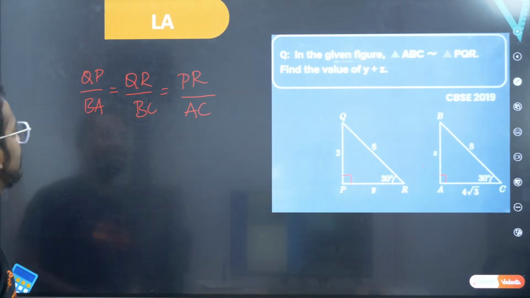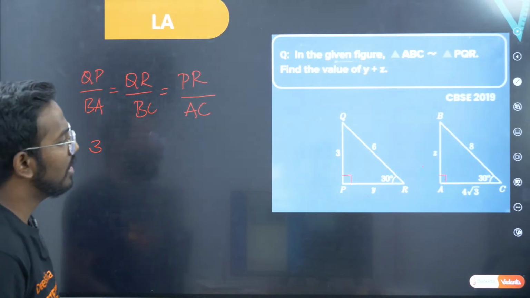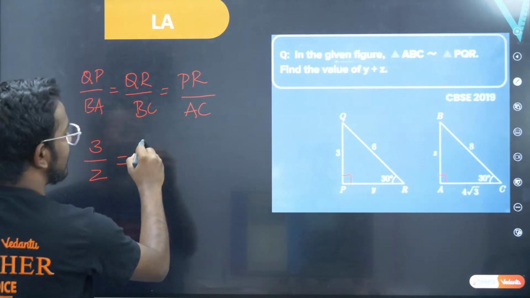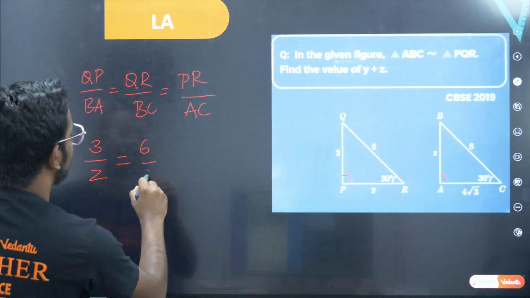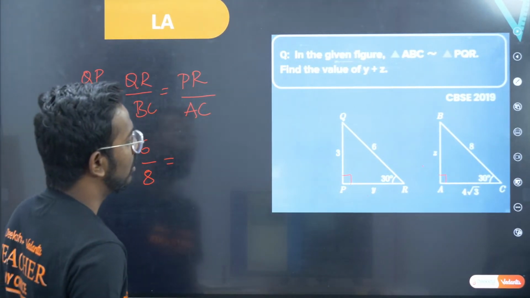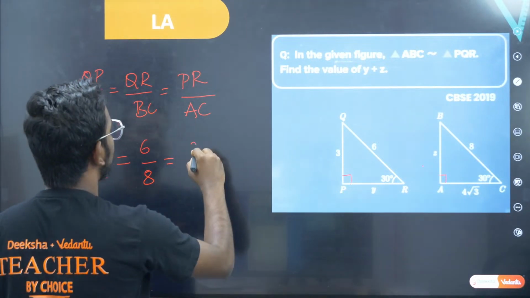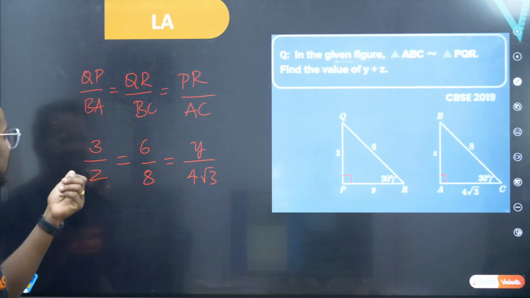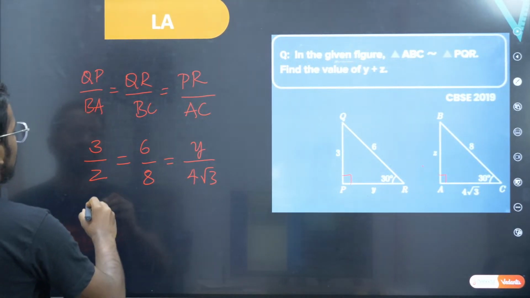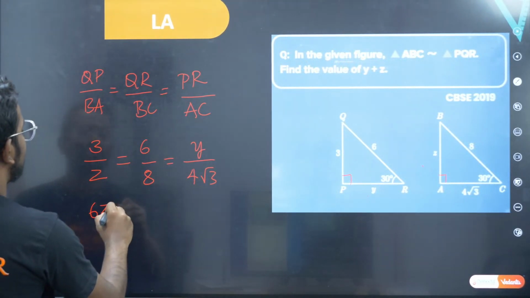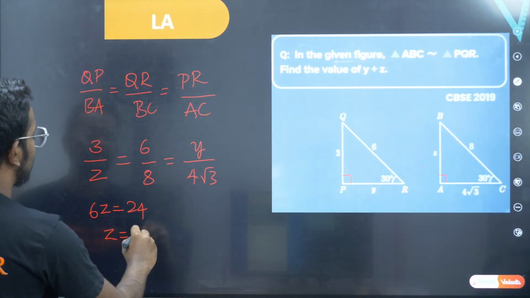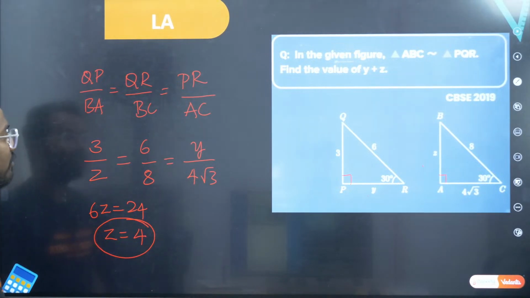QP is 3, BA is z, this is 6 by 8. This should be equal to PR, which is y by 4 root 3. Very simple, you can get the value of z clearly. What is z? If you take 6z is equal to 24, z is equal to 24 by 6, that is 4. We've got z to be 4.